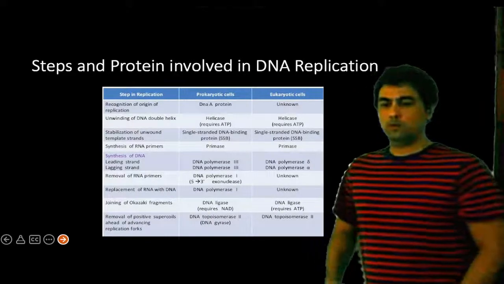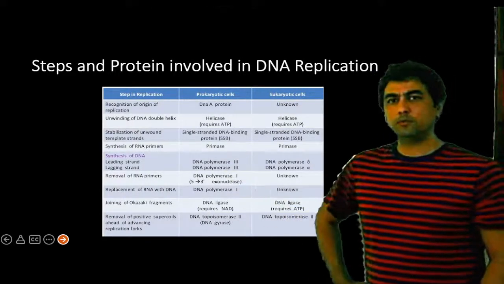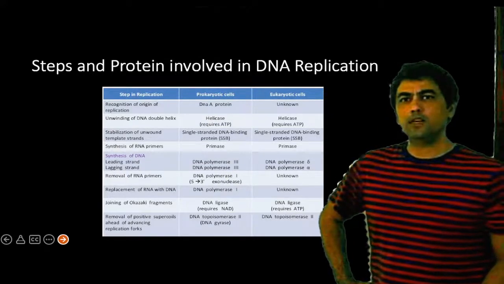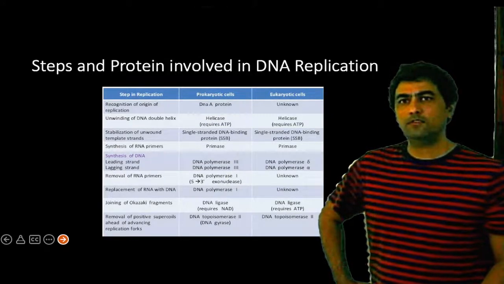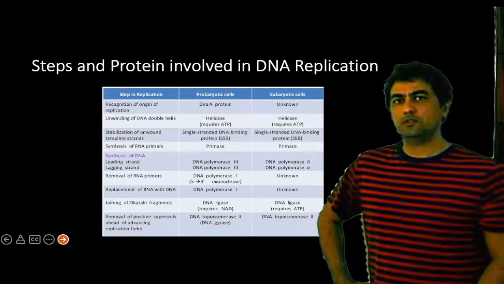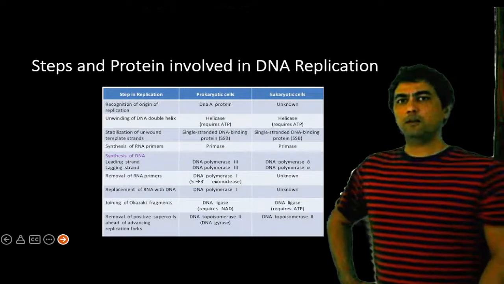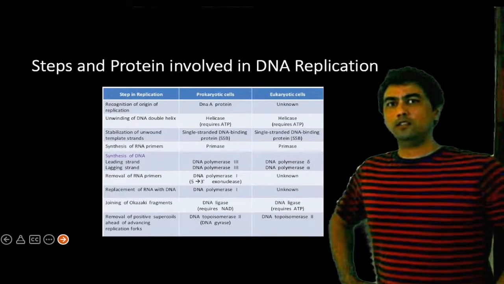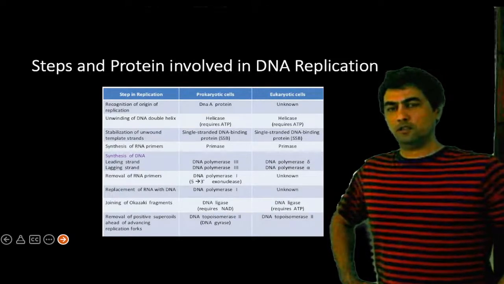So, we can have a summary of the proteins involved in DNA replication. The first step is recognition of the origin of replication. It is done by DnaA protein in prokaryotic cells and is unknown in eukaryotic cells.